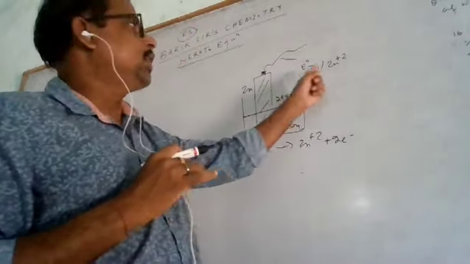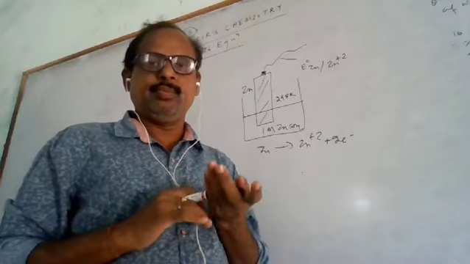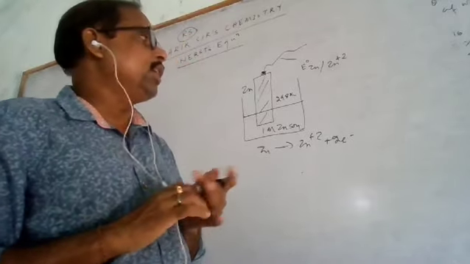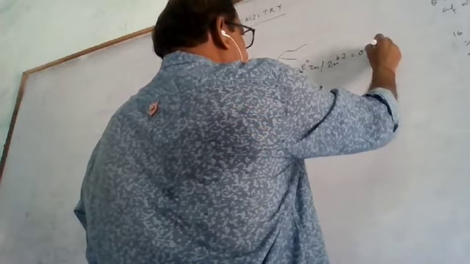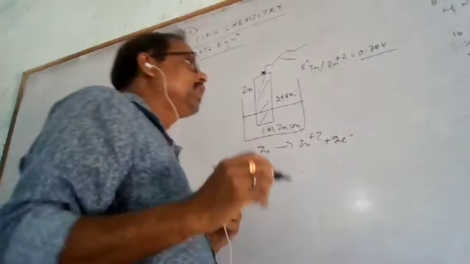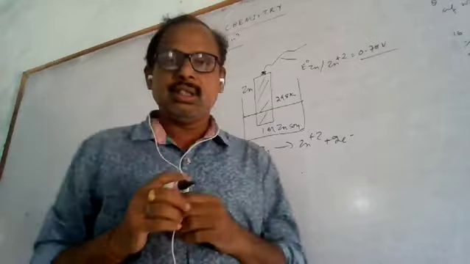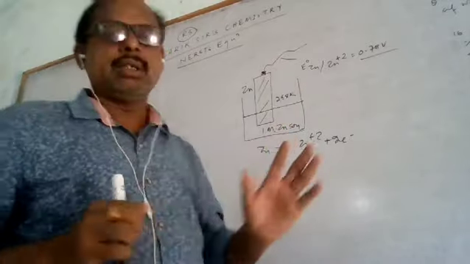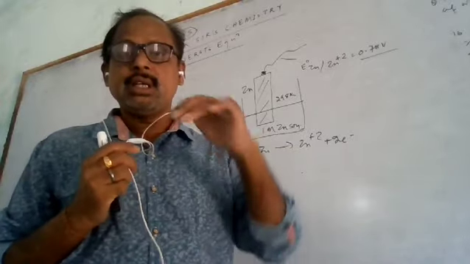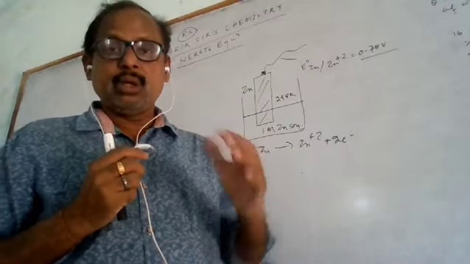That means it is the standard electrode potential, and the value given in your book is the standard value, that is 0.78 volt.